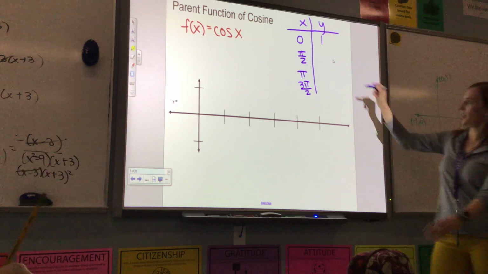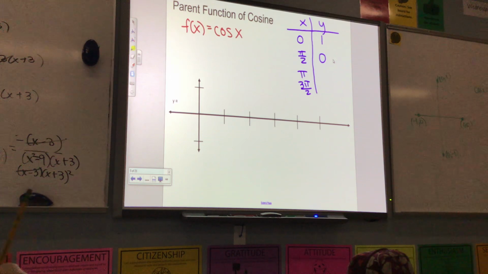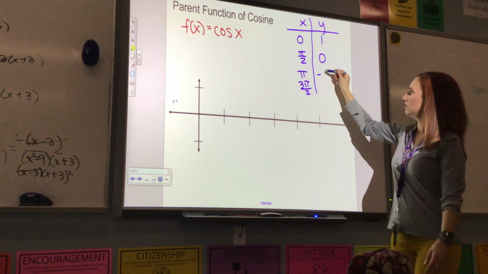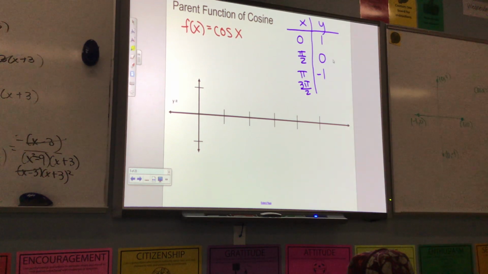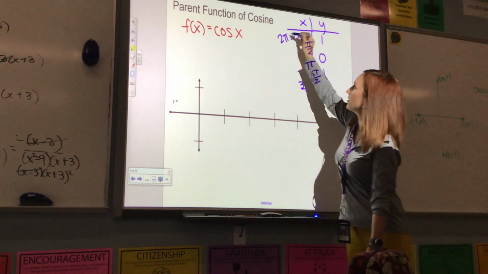So 0 over 1 is? 0. At pi, what's my x value? Negative 1. So negative 1 over 1 is? 3 pi over 2 then, what's my x value? 0. And again, what would it be at 2 pi? 1. Good. So I'm going to put 1 at 2 pi there.